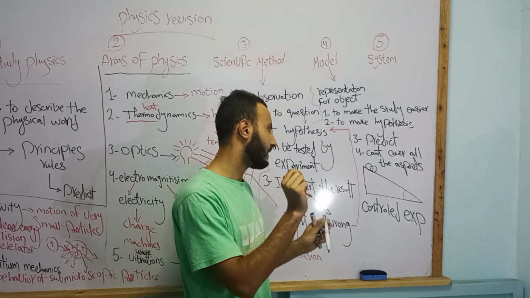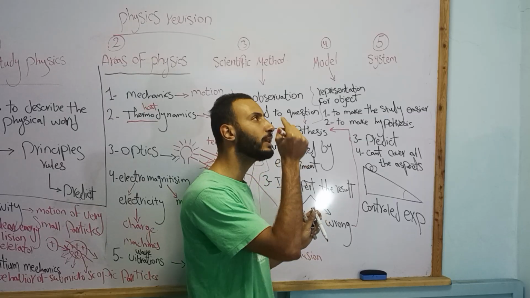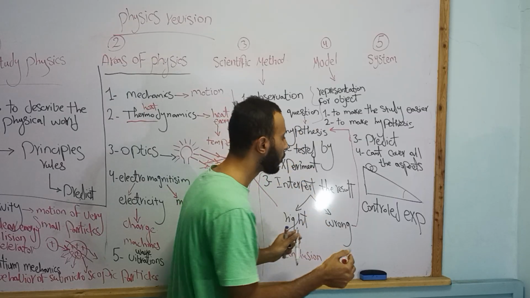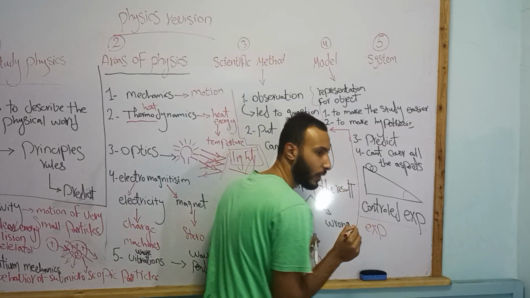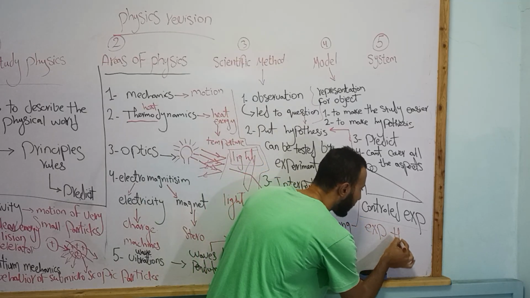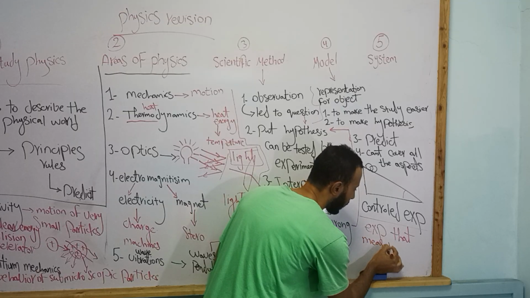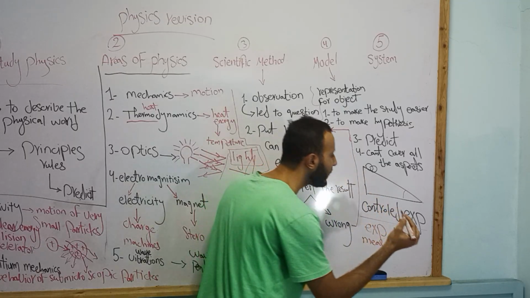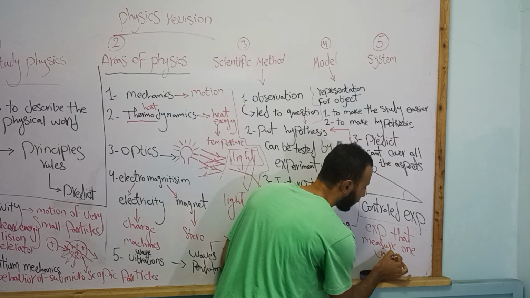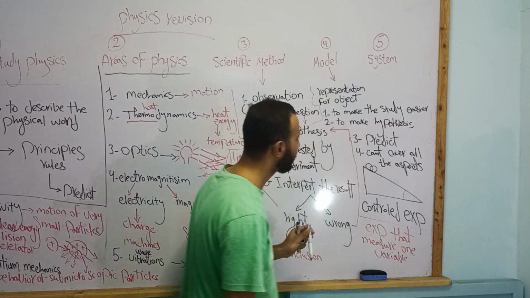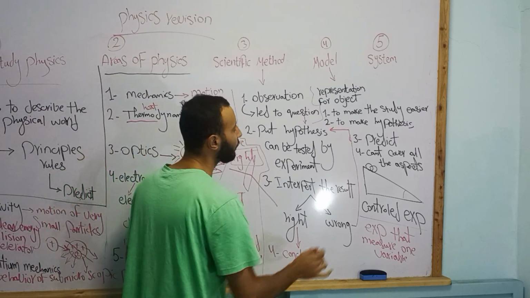The only thing that I changed is the mass of these poles. So I have only one variable. Okay? So a controlled experiment is an experiment that measures only one variable. Nice.